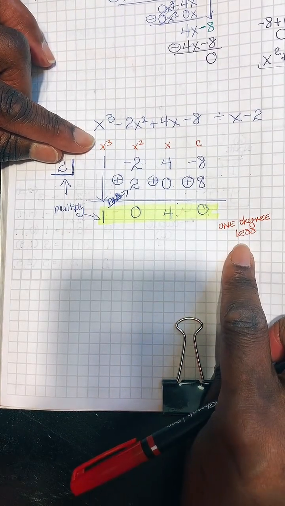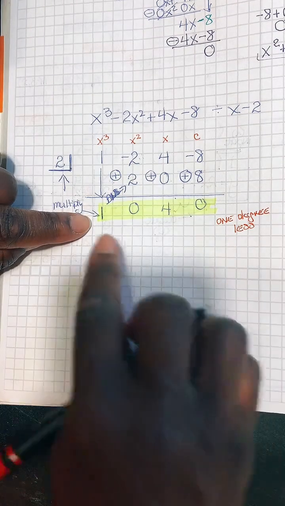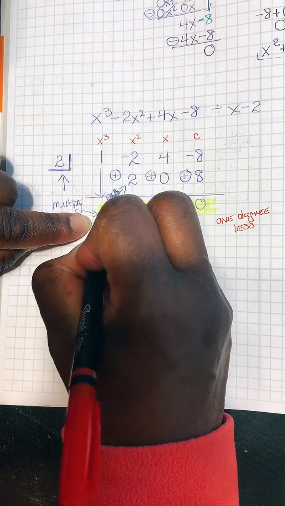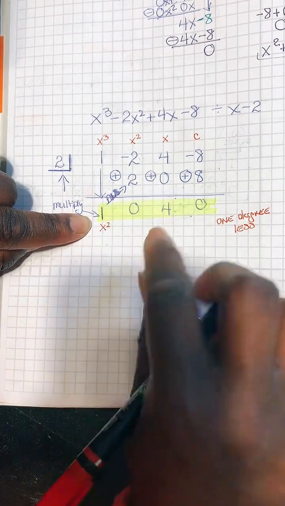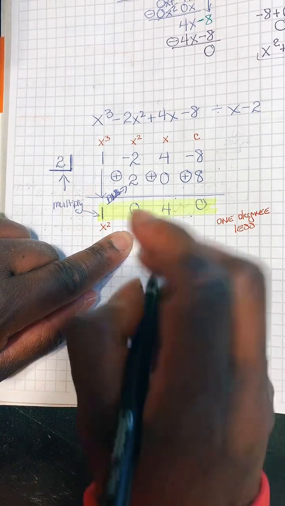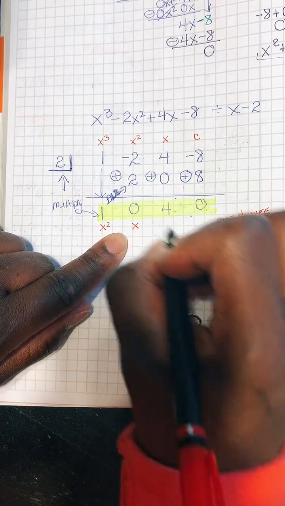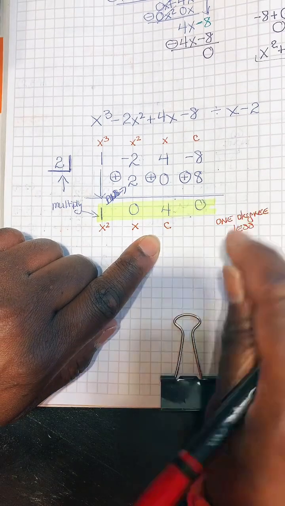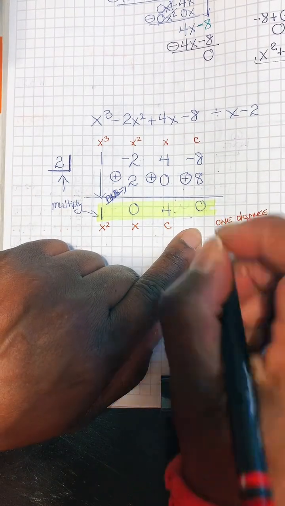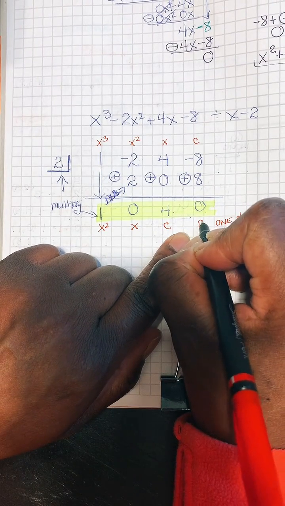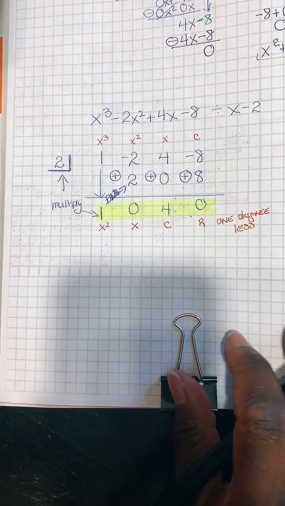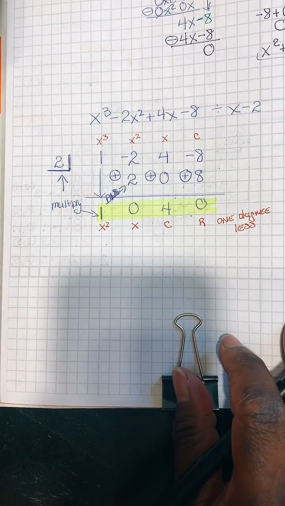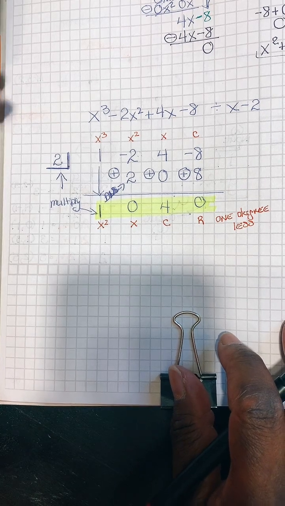With that being said, that means this is going to be an x squared. This is going to be an x. This is going to be a constant. So that means this is going to be our remainder. Right? Good.